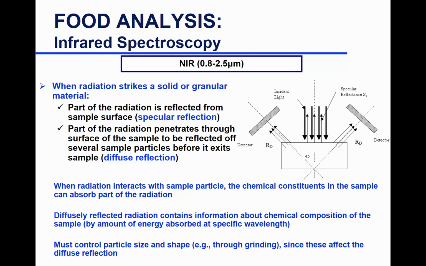Some of the light gets reflected, and some gets absorbed. It diffuses in a little bit, some of the components absorb the light, and the remainder of the light gets reflected. The remainder of the light that gets reflected is what gets analyzed by the detector.